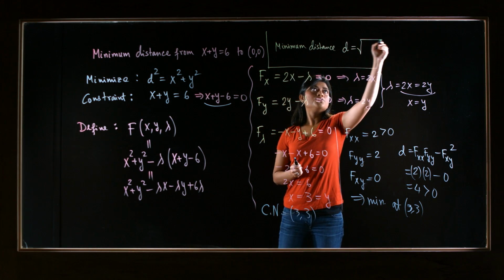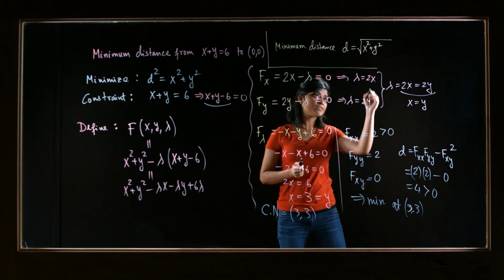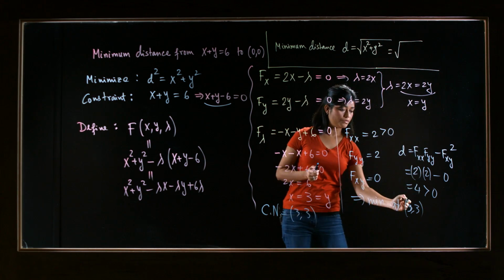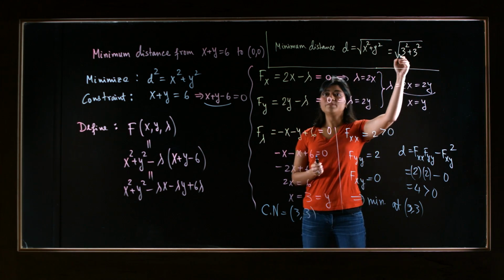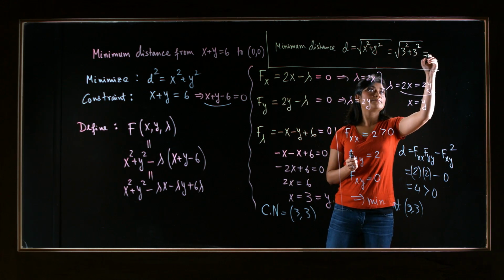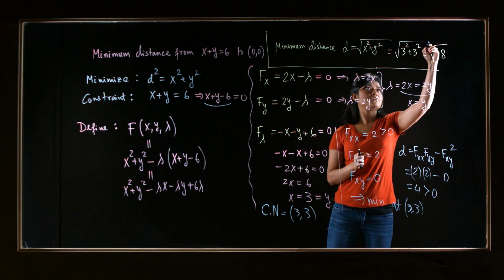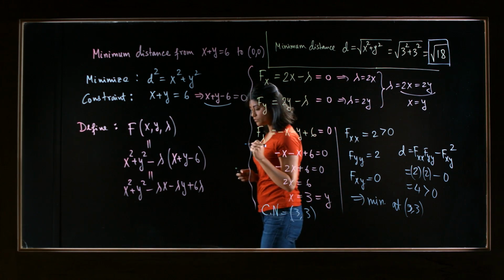That's the square root of x square plus y square, which is the square root of 3 square plus 3 square, that's 9 plus 9, that's 18. So the minimum distance is square root of 18 units.